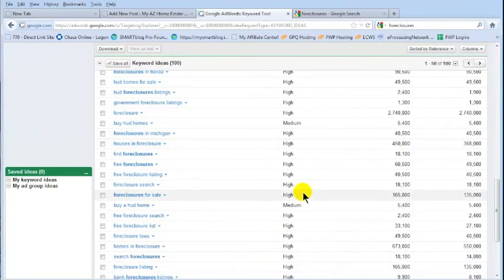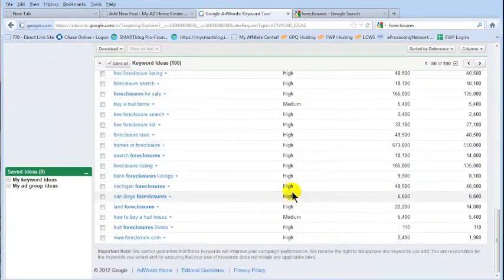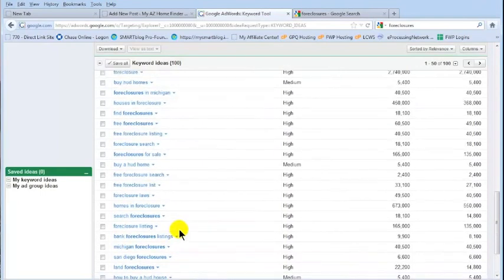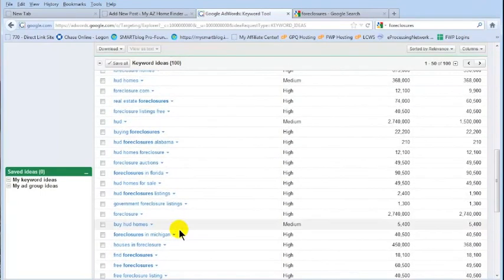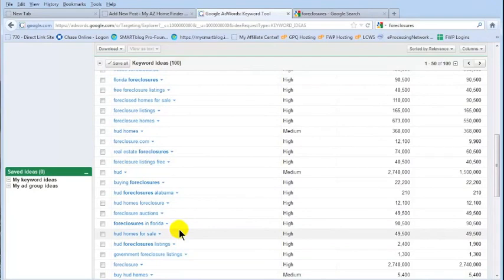I don't see any low for any variation of foreclosure. So what that's telling me is I might not want to mess with the word foreclosure in a blog post if I'm expecting to get traffic or have a chance to get traffic out of it. So part of the reason why you're putting blog posts into your site is to get traffic and exposure in the search engines. Well, I'm probably not going to come up for foreclosure listings if that's what I title this as.